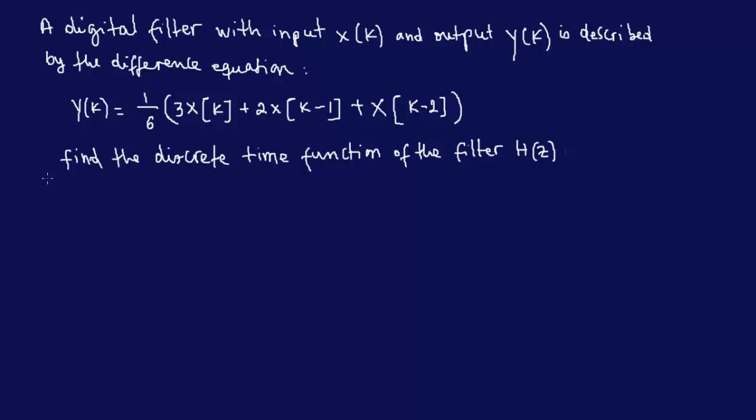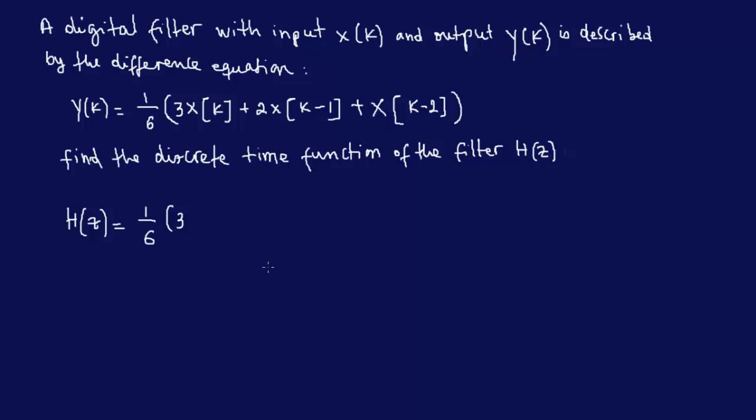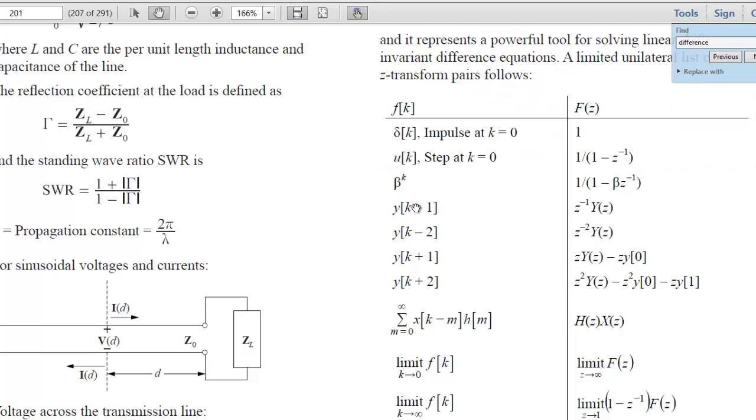Okay, so we have h of z equal to y over 6, 3 x of k is 3 x of z. We don't have to do anything with that, plus 2 times x of k minus 1. They call it x or y or whatever, so it doesn't matter really.